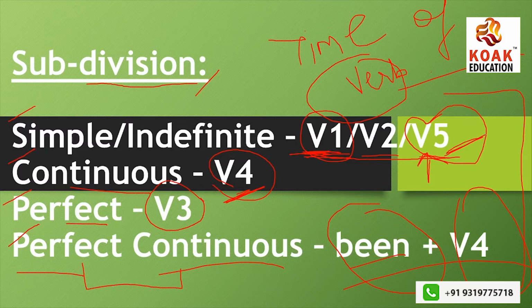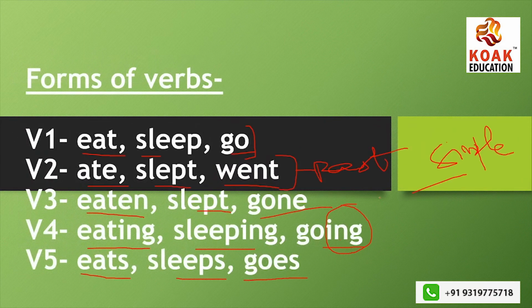I will use fifth form of verb. So fifth form of verb is nothing but, it is also known as S or ES form of verb, okay? It stands for singular. So that is why fifth form is also known as present singular form, and first form is also known as present plural form.